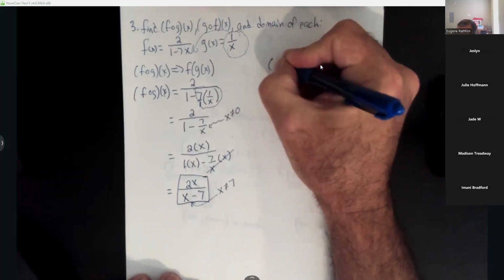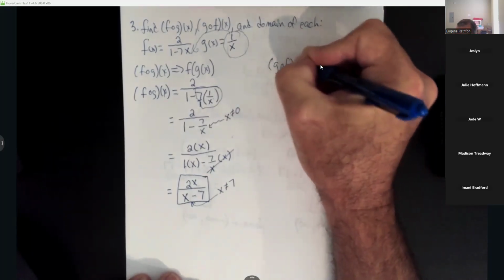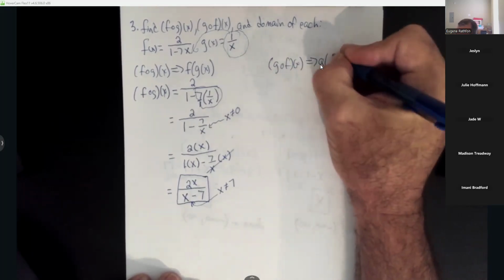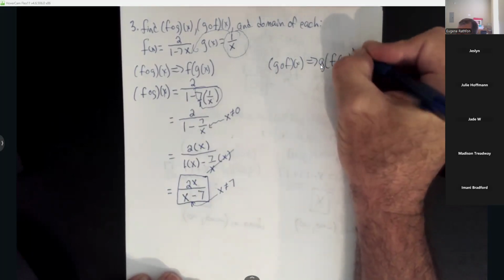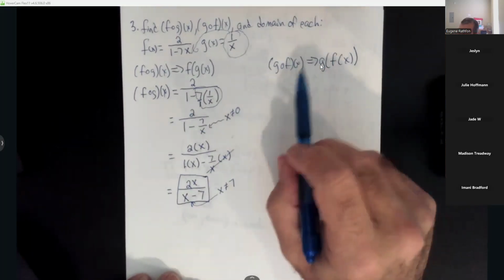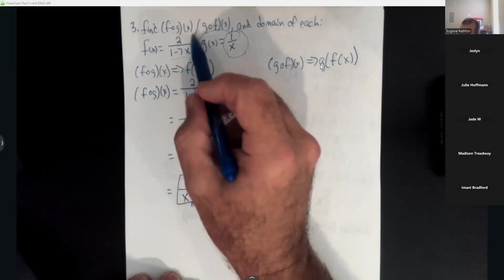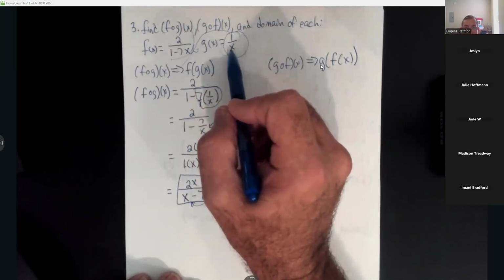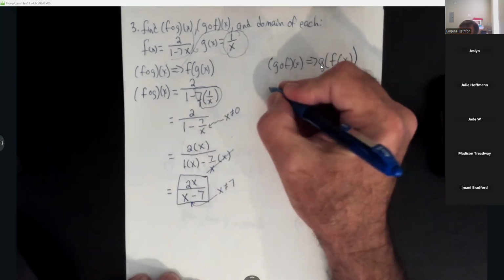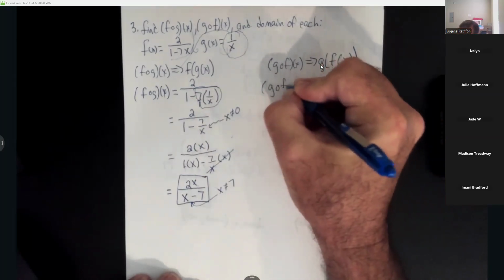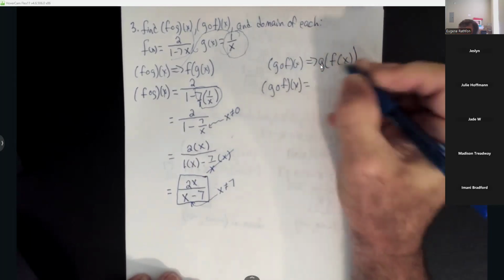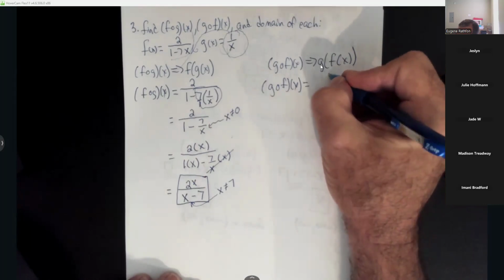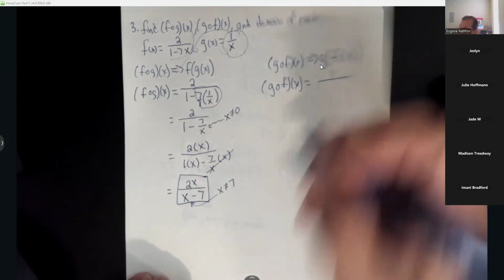All right, so next we had to do g compose f of x, which is really g of f of x. So this time I'll put the f of x into the x on the g, okay? All right, y'all, so here we go. So g is 1 over x, so that's going to be 1 over.